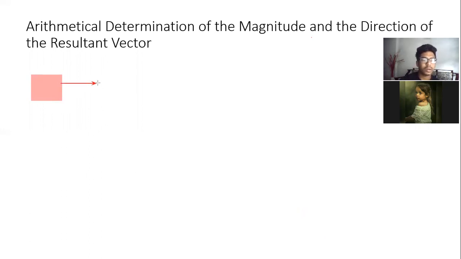So we have done this already, right? Okay, so let's say this is vector P, this is vector Q. So the resultant vector will be in the same direction. Magnitude is equal to P plus Q. Let's take this something like this.